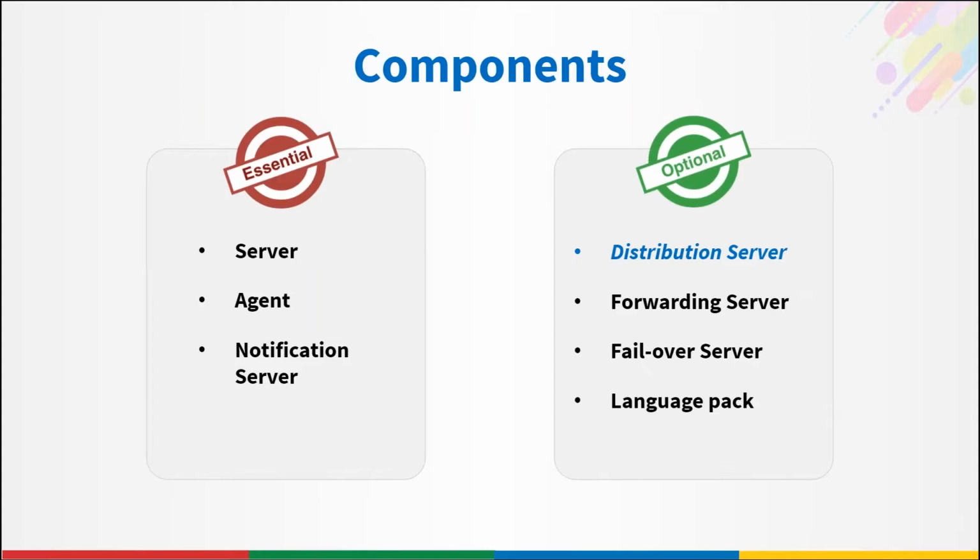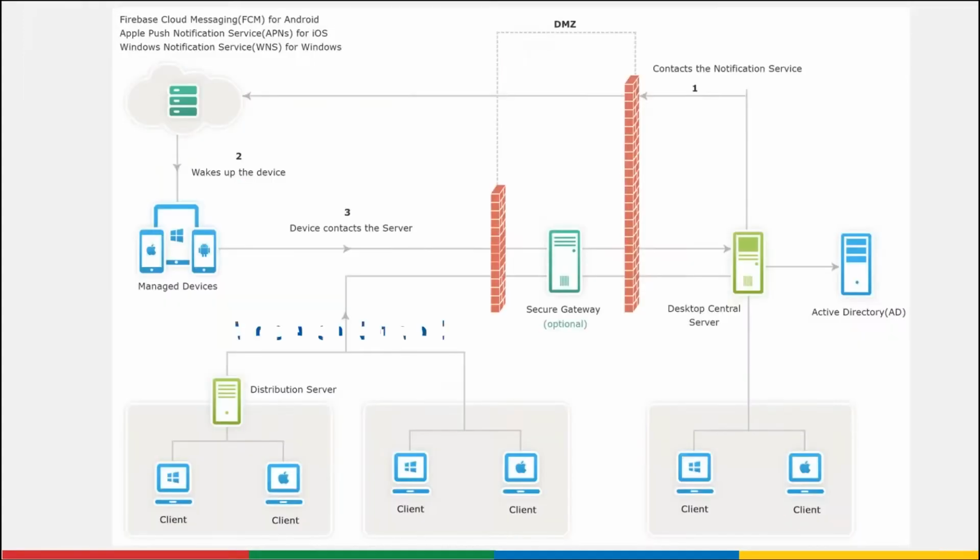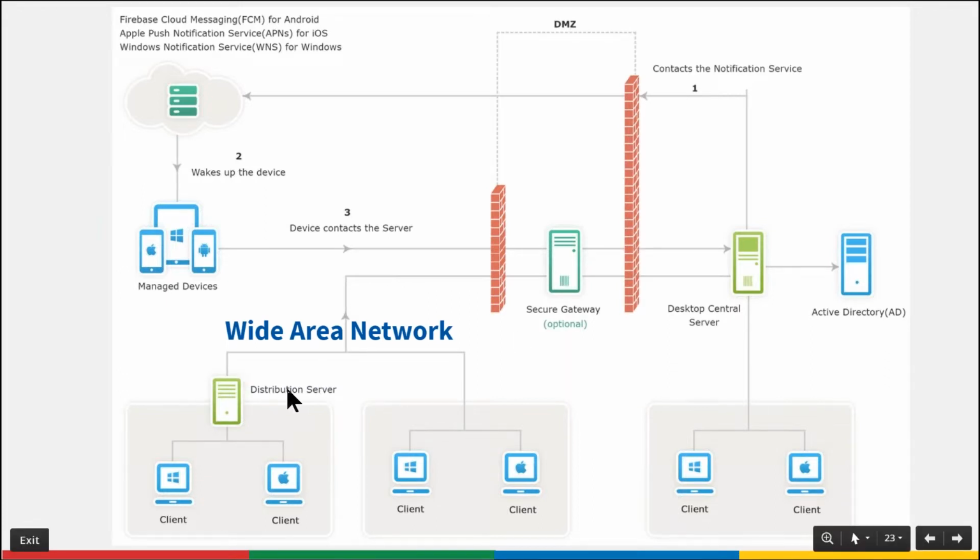Let me tell you how Desktop Central helps in bandwidth optimization of your network. Now this is my wide area network and I have a distribution server installed in one of the remote offices. When there is a task such as a patch or software binary download, the distribution server will replicate the data from the Desktop Central server, and as the name indicates, it will distribute it to all the remote office client computers, which means the bandwidth utilized would be 1 into 10 MB.